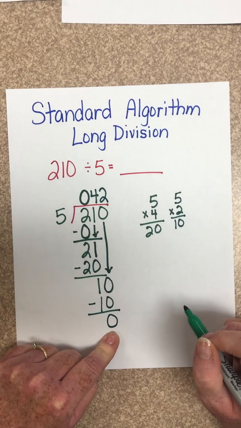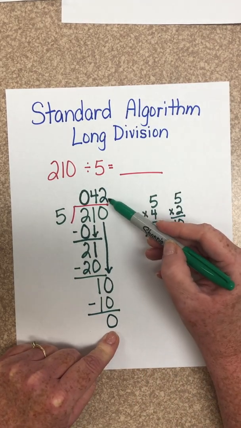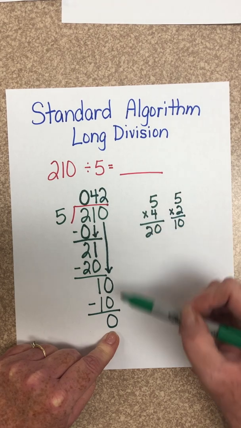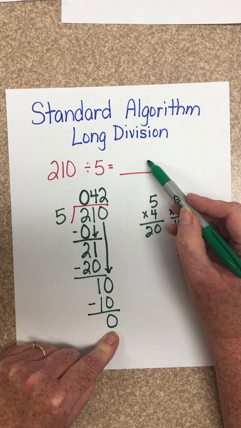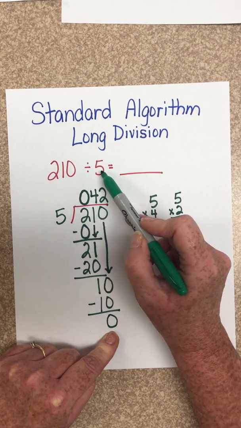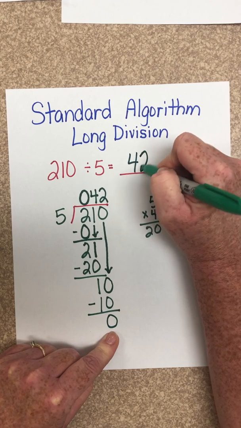This 0 tells us two things. It tells us that we are finished with the problem and we do not have a remainder. So now let's write the answer to 210 divided by 5. That's 42.